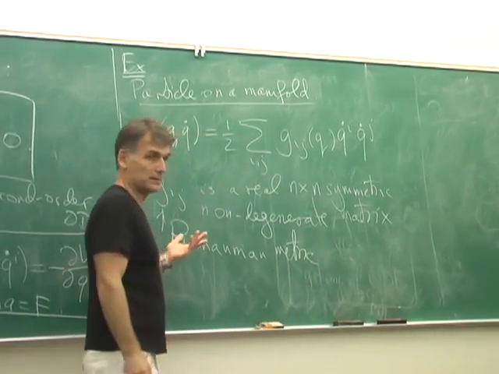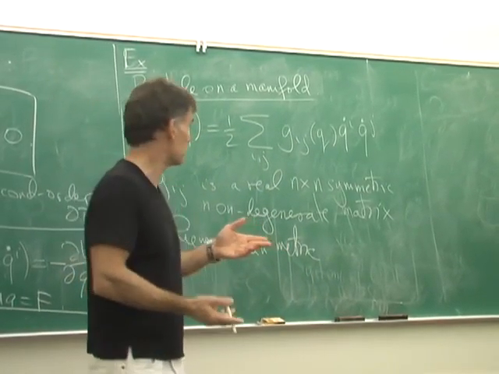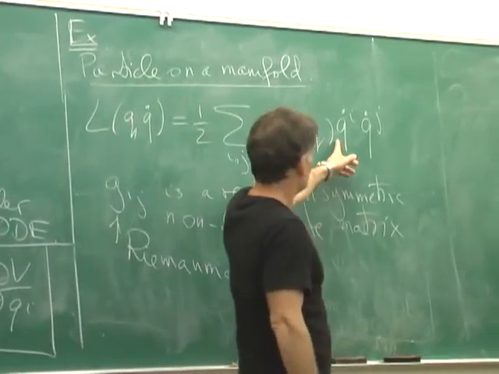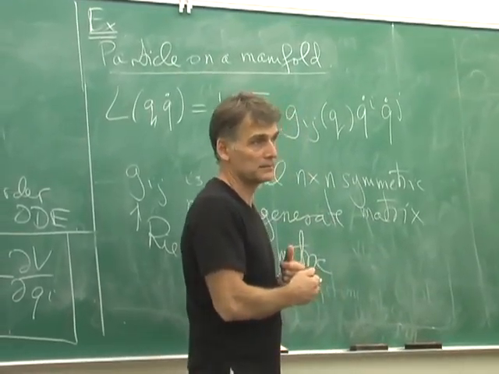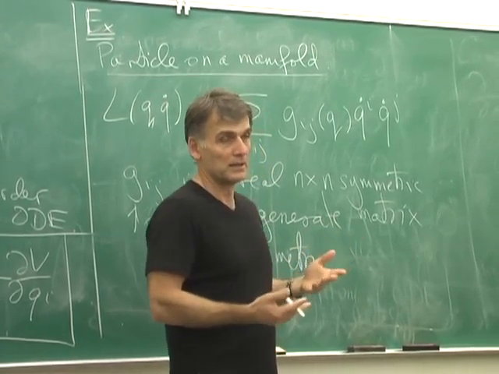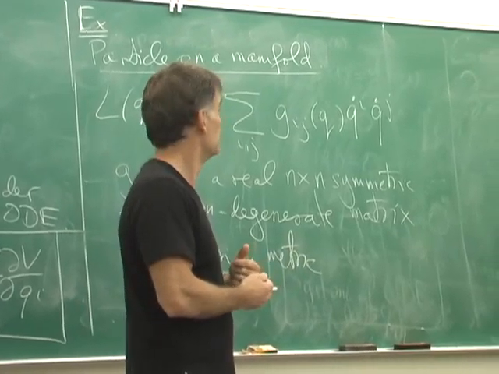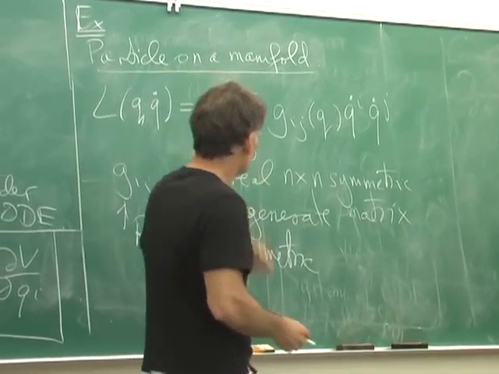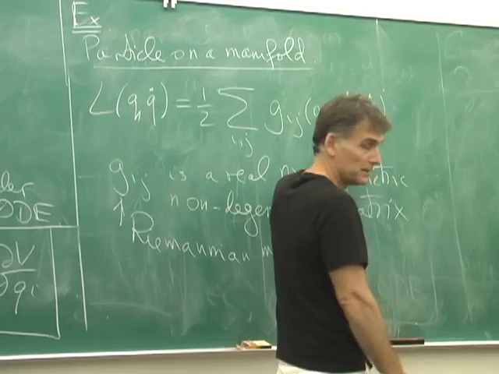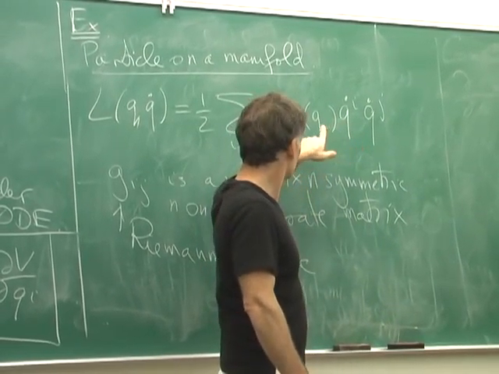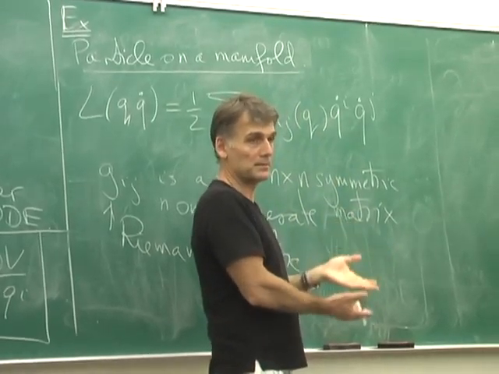So why is it a metric? Well, because it defines an inner product like this. This is an inner product. This is a product of these two vectors between themselves. But of course, by using that, you could define an inner product of any two vectors on the manifold. So that's the kinetic energy. Basically, the velocity is squared, but it's an invariant velocity. And of course, because of the metric, it depends on the position.